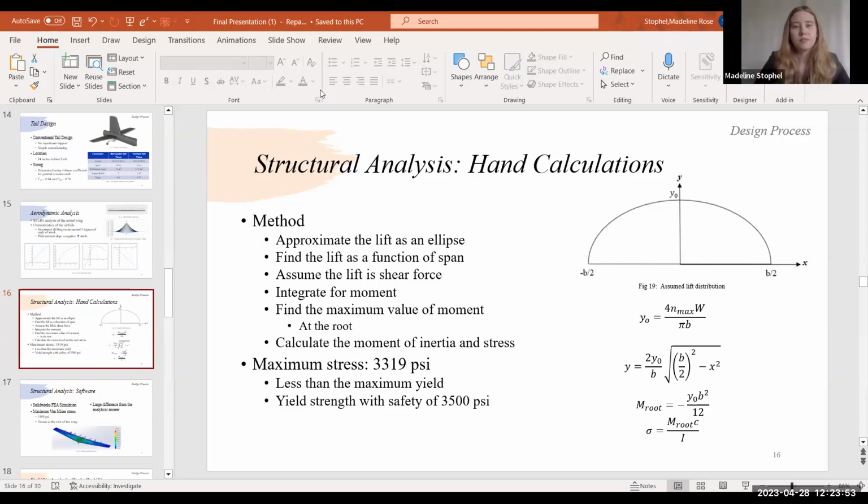Another quick comment, we were discussing, you were saying, is this appropriate? Do we account for that? For the first iteration, we did not have good structural strength, and it didn't fail at the root of the wing, like we assumed here.